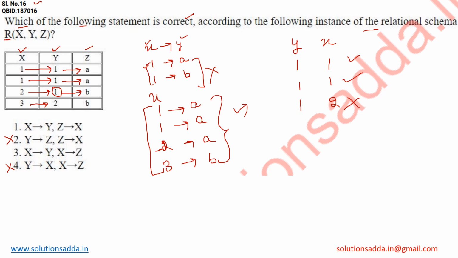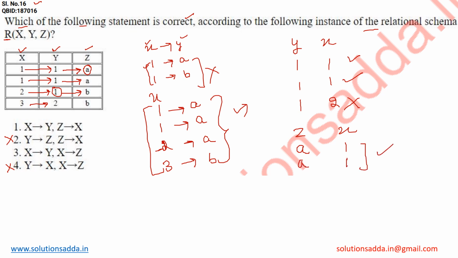Now we are left with two options. Now, can Z determine the value of X? Let's check. Here we have Z and X. Observing the table, the value of Z is A and it determines the value of X as 1. Next, Z value is A and it determines the value 1.